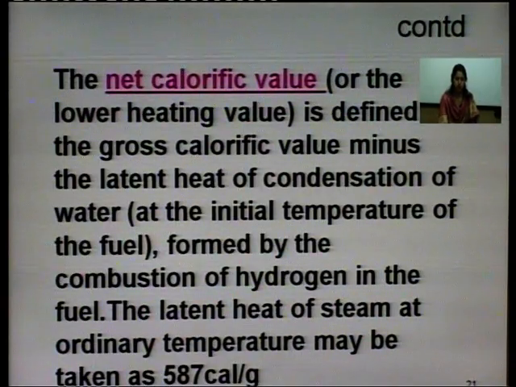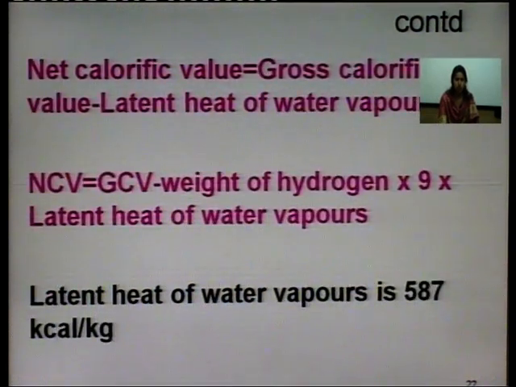The gross calorific value is also called higher heating value, while the net calorific value is called lower heating value. So, what is the formula to find out the net calorific value? The net calorific value is equal to gross calorific value minus the latent heat of water vapors.